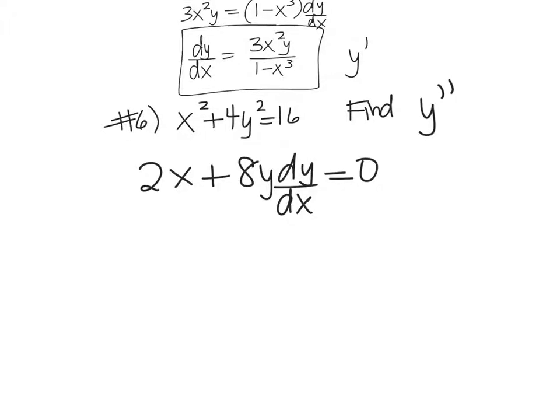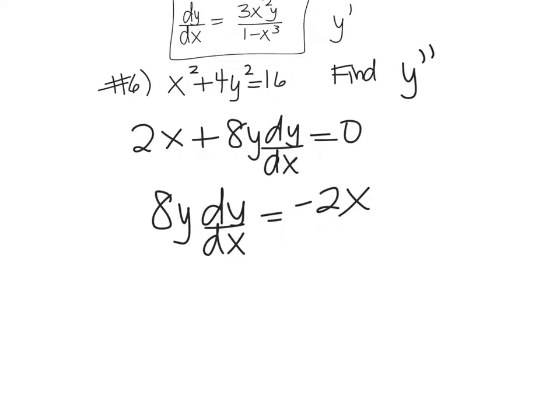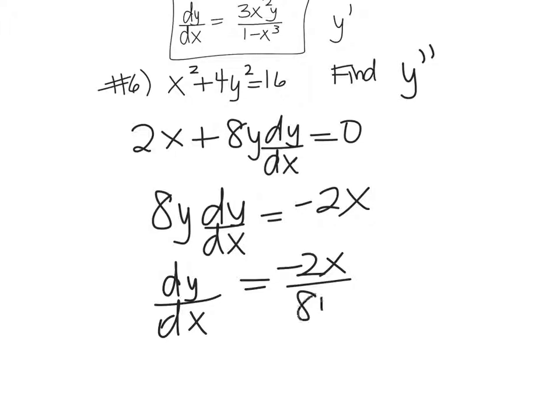We'll subtract 2x to the other side. So you have 8y dy dx equals negative 2x. And then finally divide by 8y. So dy dx equals negative 2x over 8y, which we can reduce to negative x over 4y.